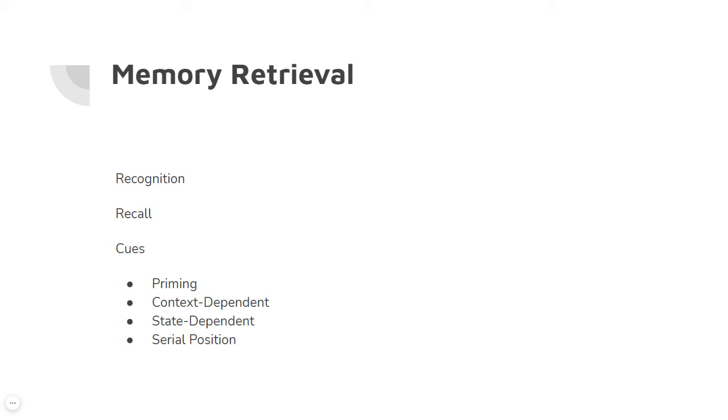Then we have context and state-dependent memories. Context-dependent memory is where you use cues that are specific to a memory that'll help you with recall. So if you walk into a room and you forget why you walked into that room, and then you go back and retrace your steps to remember why you went into that room in the first place, that's context dependent.